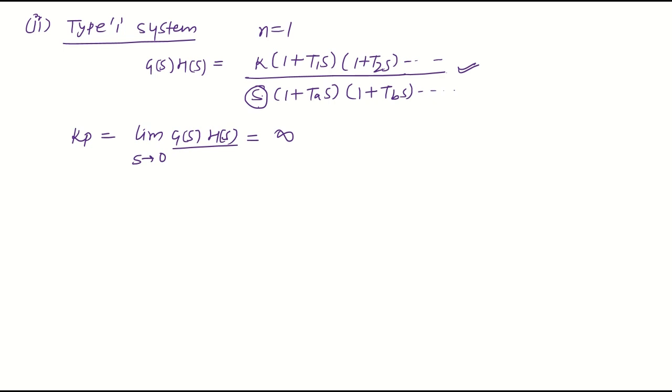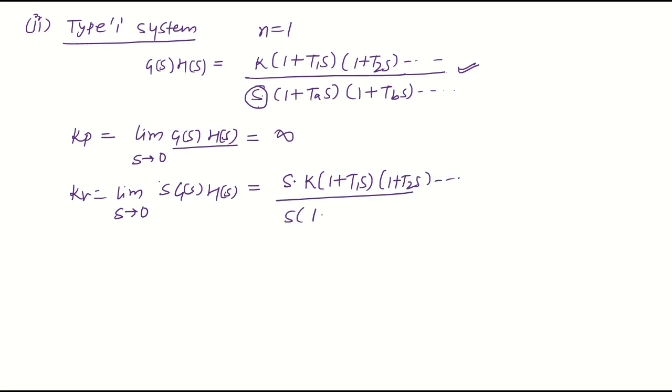Now for Kv, which is limit s tends to 0 of s G(s)H(s), since we are multiplying this with s, the two s will get cancelled, and applying the limit s tends to 0 in this expression, the value comes out to be K.